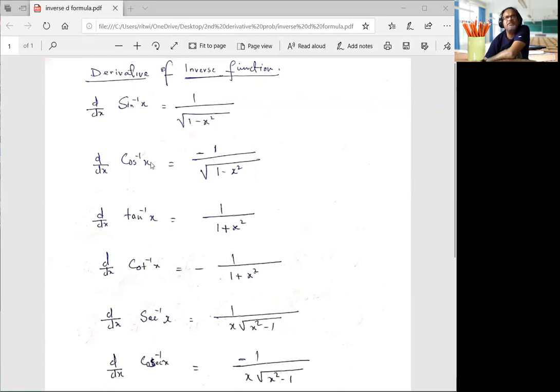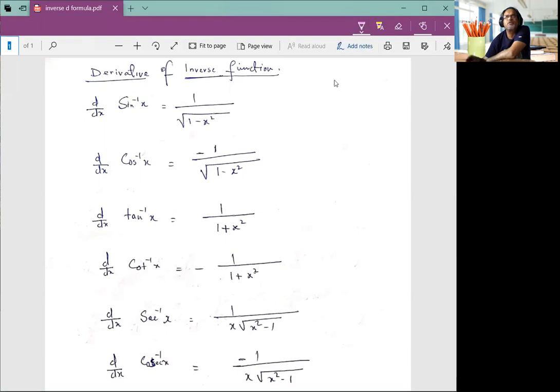So you have to remember the first derivative, that is, when you are operating d/dx on this function, you are getting this.